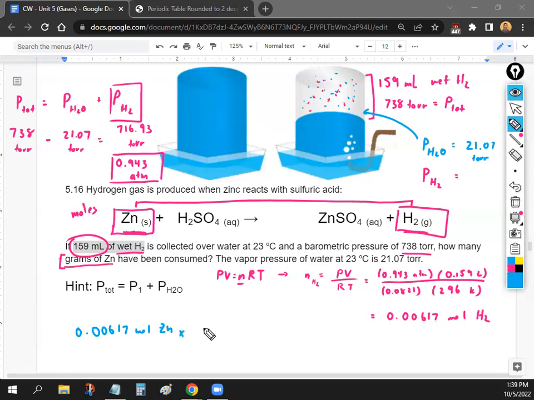You just multiply by the molar mass, which is 65.4. So you should get a final answer of about 0.403 grams of zinc, something along those lines. If you got 0.39 or 0.41, that's totally fine.